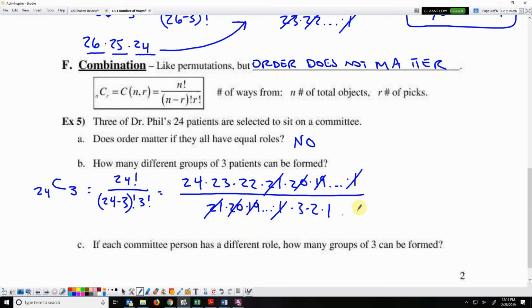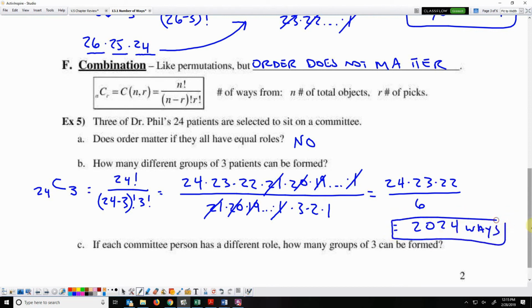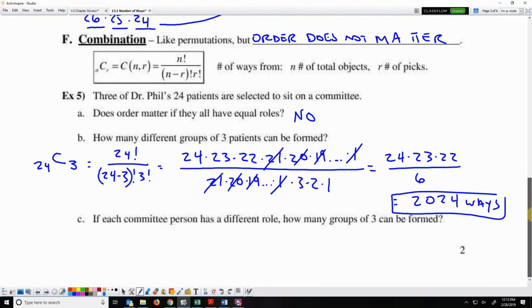So we're left with 24 times 23 times 22, all over 3 times 2 times 1, which is 6. So the product of all 3 of these divided by 6, and that comes out to be 2,024 different ways to choose 3 of Dr. Phil's 24 patients. But what if everyone on the committee has a different role?